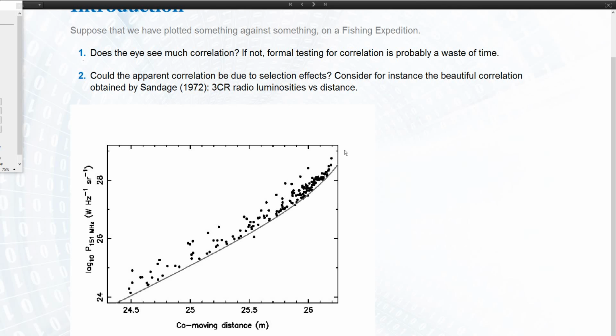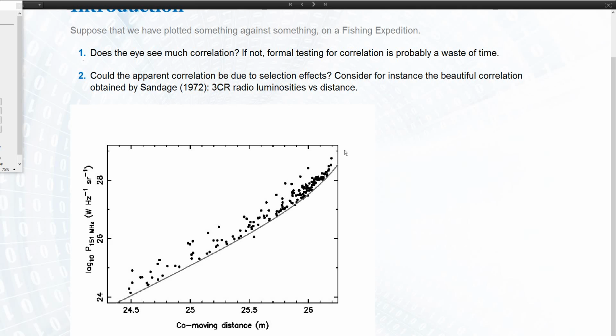What we see here, each dot is a galaxy. And immediately your eye tells you there's a correlation. The correlation says remote galaxies are brighter. The universe was brighter in earlier times. That's some significant claim.